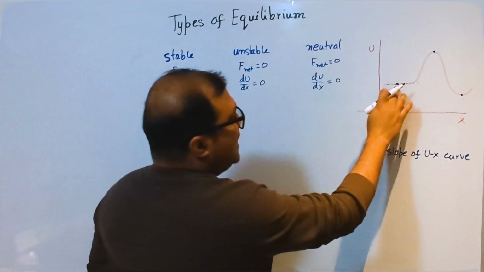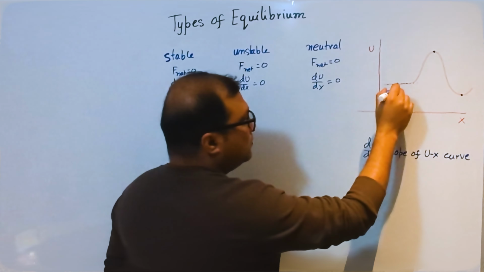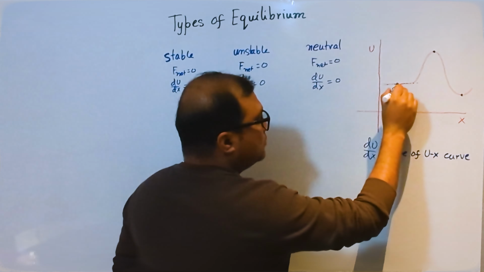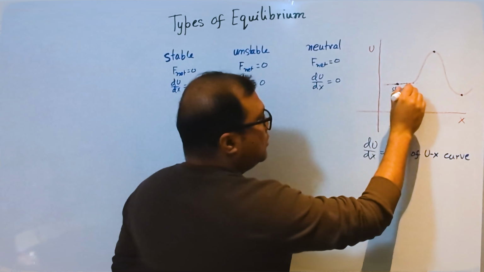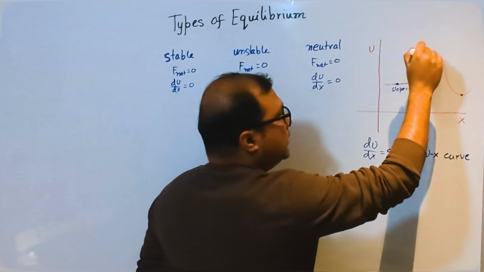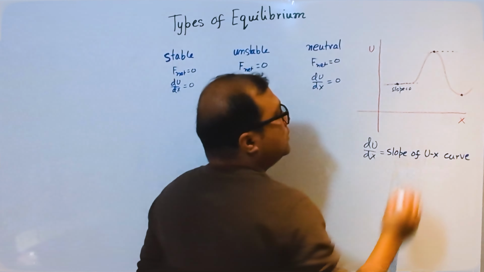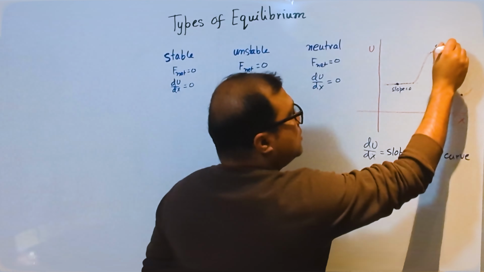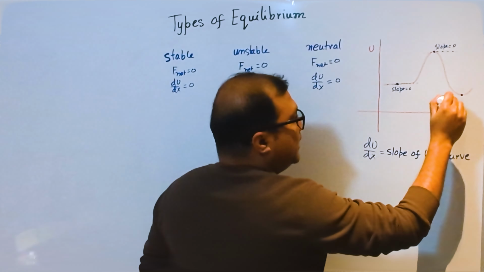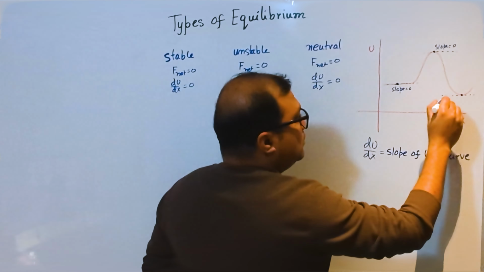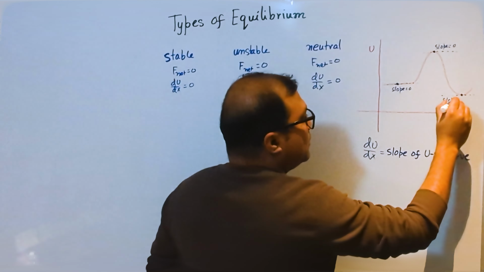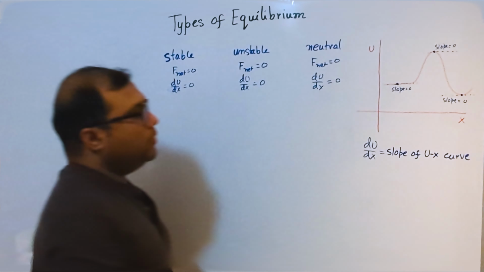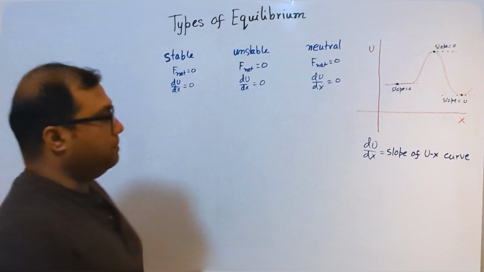The slope of the tangent at this point is 0. What is the slope at this point? Again, if I draw a tangent, the slope is 0. Again, here, if I draw a tangent, the slope is 0. So all these three points are points of equilibrium.